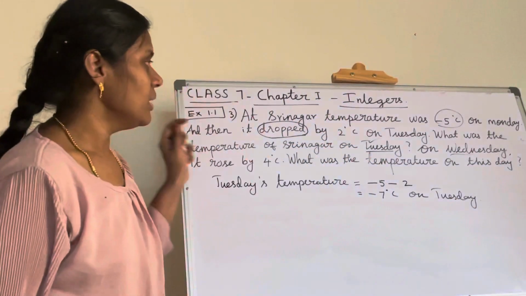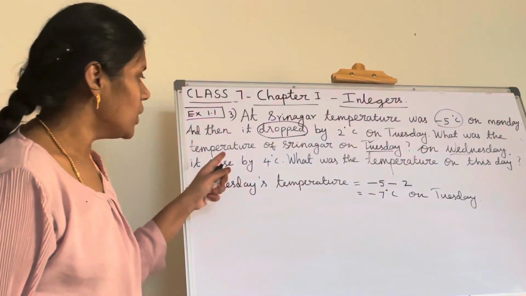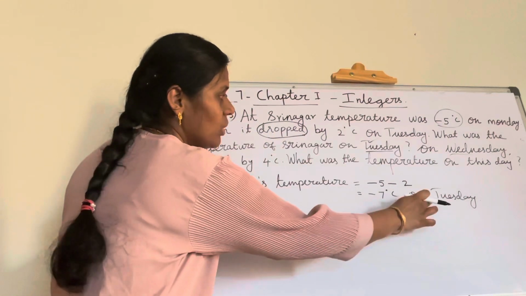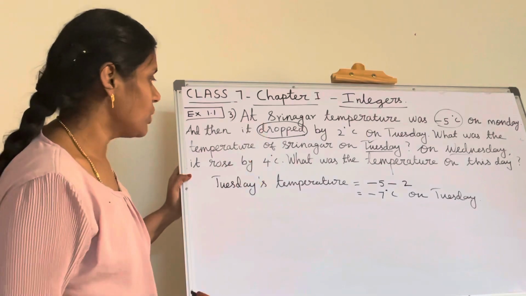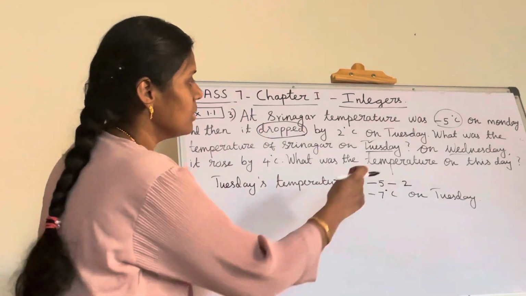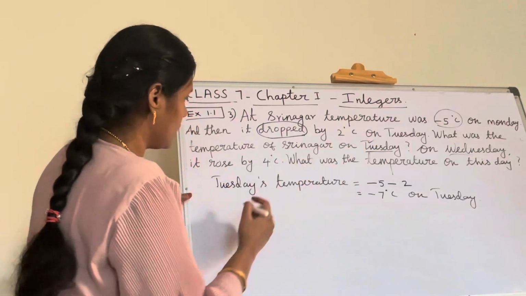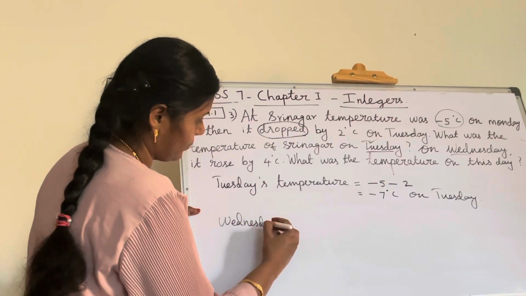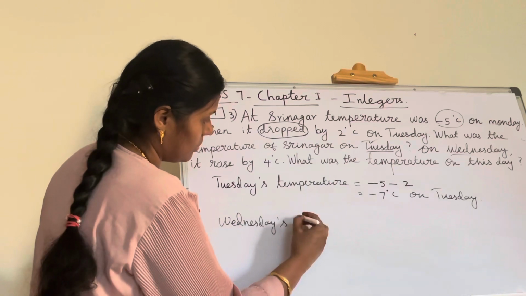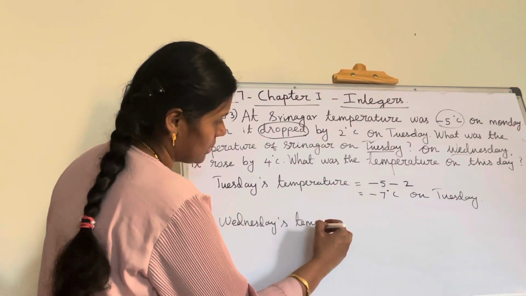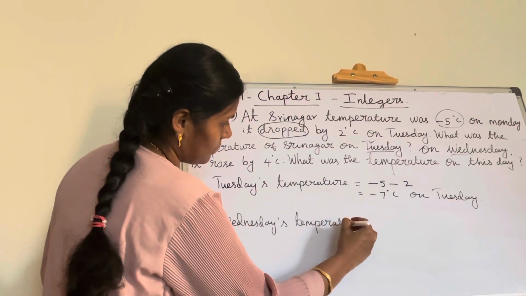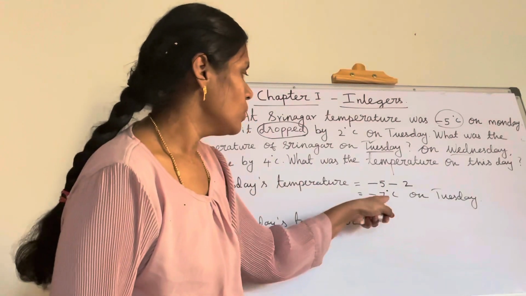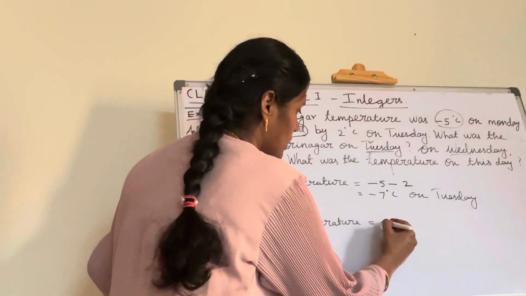Then on Wednesday, it rose by 4 degrees Celsius. So from Tuesday only, it rose by 4 degrees Celsius. So what we need to find? Temperature on Wednesday. Wednesday's temperature is equal to, what we have to do? -7 on Tuesday, right?